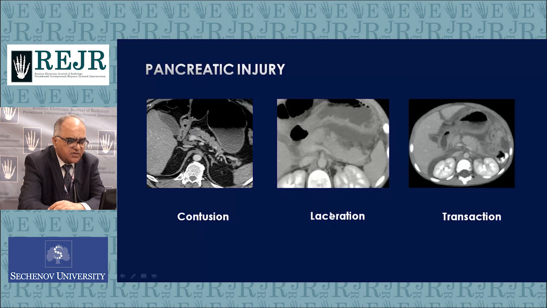The second injury is laceration, and in laceration we need to keep in mind, if it is involving more than 50% of the pancreas, it can cause pancreatic ductal injury, and these patients would need stenting and ERCP examination. The third injury is transection. The whole pancreatic neck is disrupted.